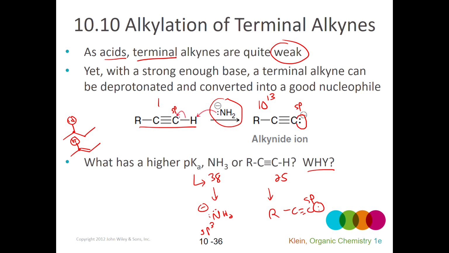So if I want to convert a terminal alkyne into an alkynide ion with a full negative charge, so it can act as a nucleophile and bond to something new and increase the complexity of my molecule, NH2 minus is the base I want to use. Often that comes with the sodium counterion, so you might see NaNH2.